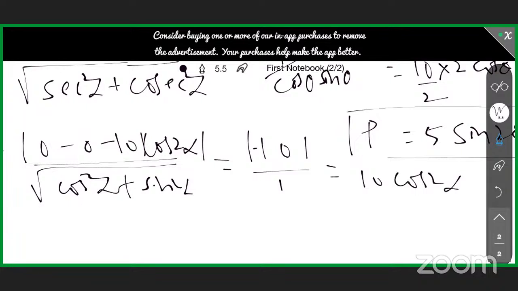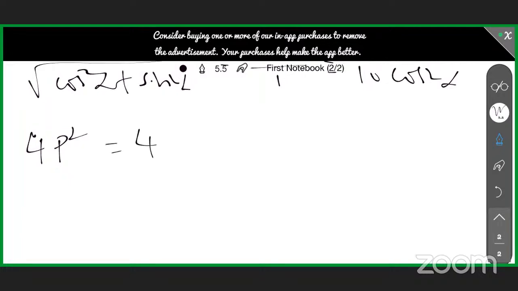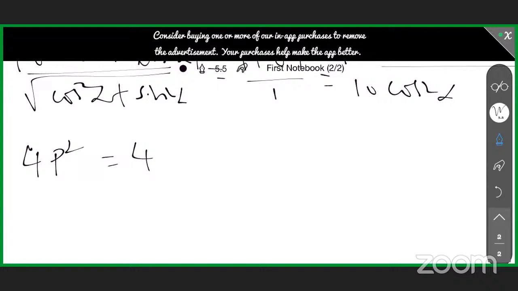So we'll take 4p square. That is telling us to find the value of 4p square plus q square. Correct now. Therefore, the 4p square value will be 4 into p square. P square is 5 sin 2 alpha whole square plus q square value.